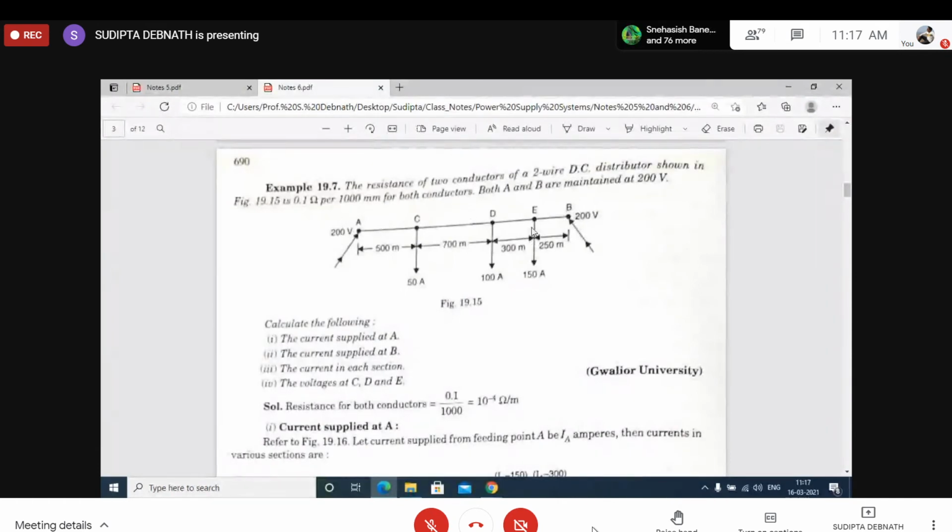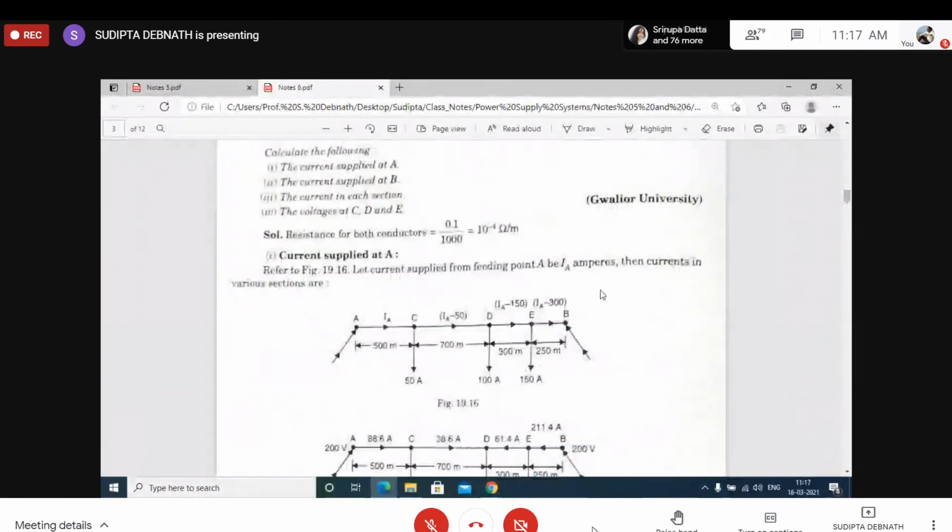So the voltage drop, R is known to you, distance is known to you, so you can find out the voltage drop in different sections. They have considered the current in the same direction. Ultimately, if you find that IA is less than 300, then you will get this current in the opposite direction.